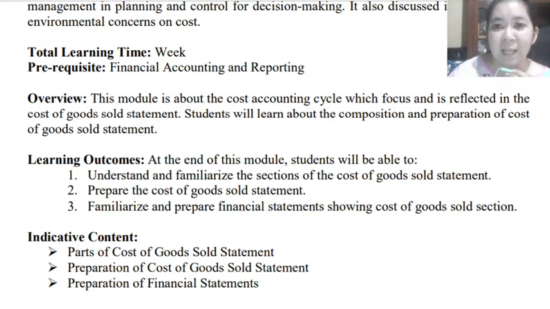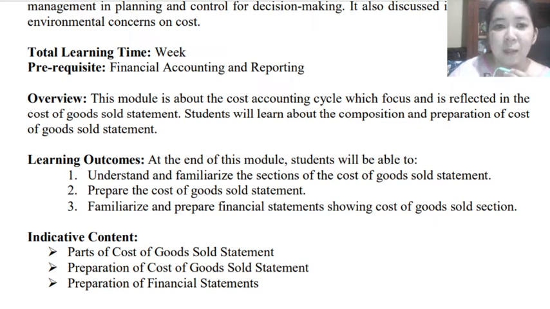of goods sold statement. For the learning outcomes, you will understand and familiarize the different sections in our cost of goods sold statement, as well as prepare the cost of goods sold statement, and be familiarized also with the financial statements showing the cost of goods sold section.